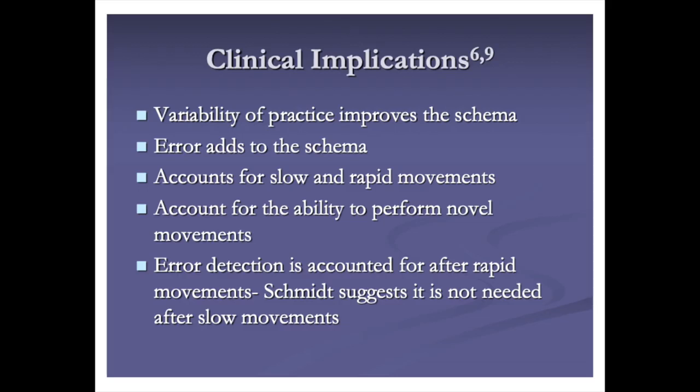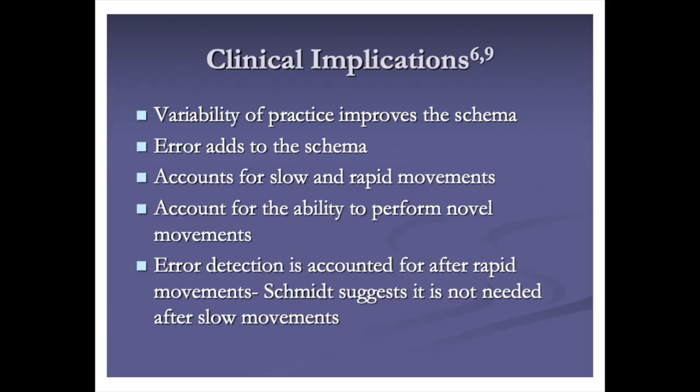It accounts for the ability to perform novel movements as well, because if you have a schema that might fit, you could be very, very successful with novel movements, particularly if that novel movement falls within your schema. Maybe the novel thing falls within the range of your experiences. Error detection is accounted for after rapid movements.